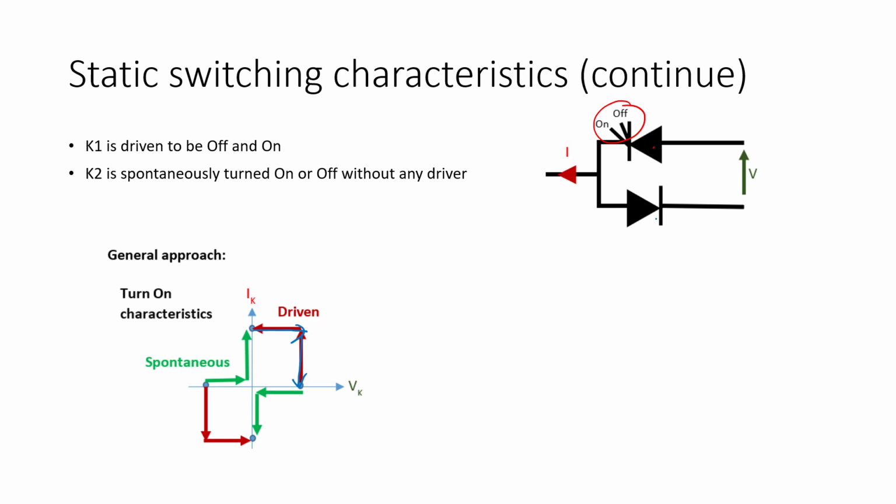How about the spontaneous branch? When turned on, because you can supply voltage from here, this one is this current here.